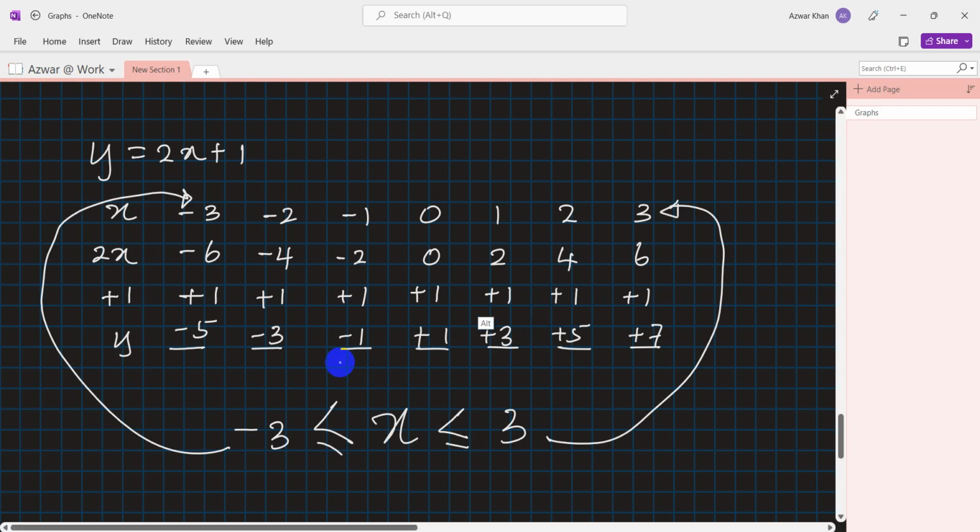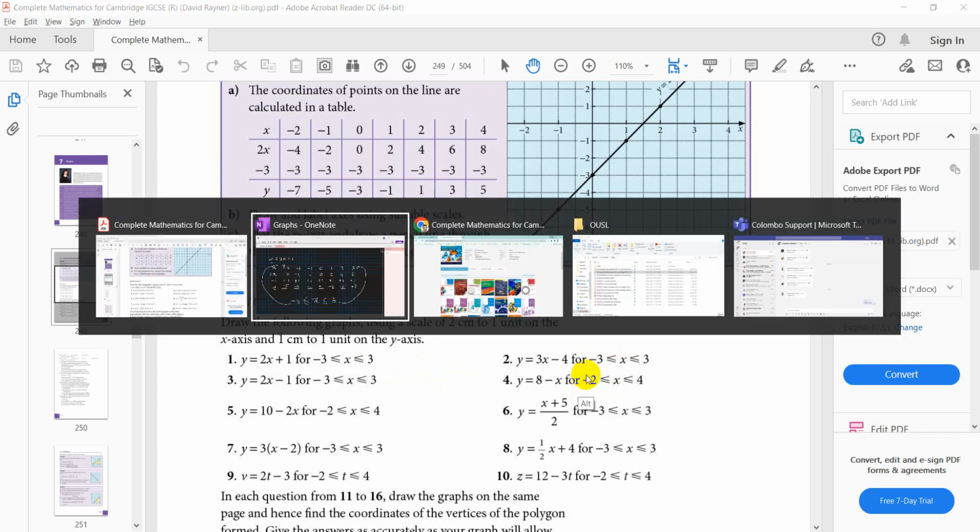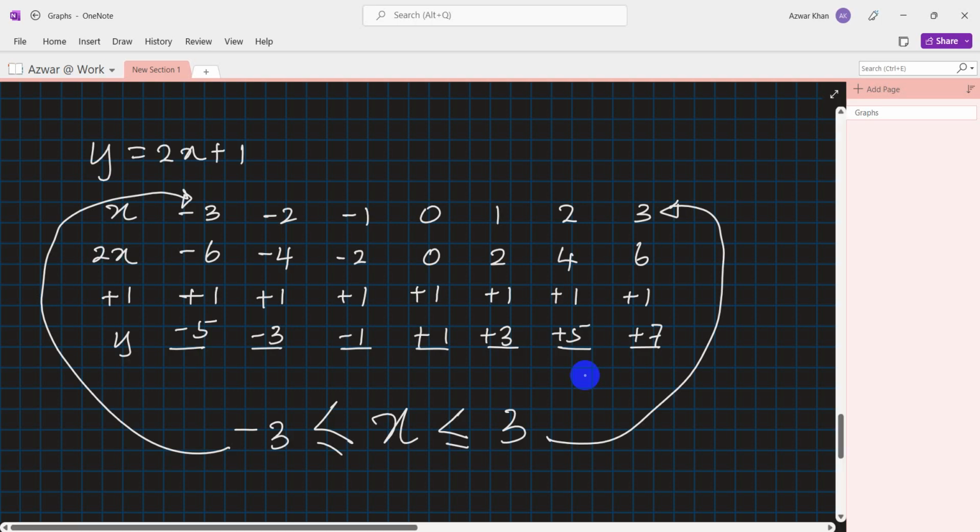Each exercise or question will give the range of x. Based on that you can set the x values, and the second step is to write the components of the given equation individually, as I mentioned here.